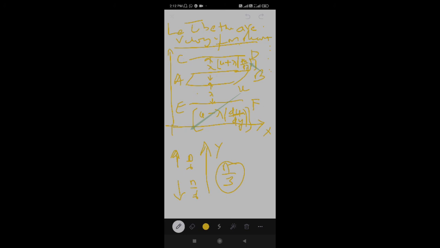we want the number of molecules crossing the unit area per second. Now let us see how many molecules are crossing some unit area attached to this y-axis.